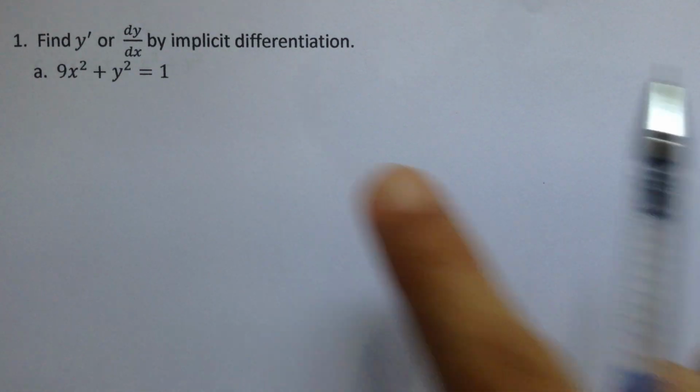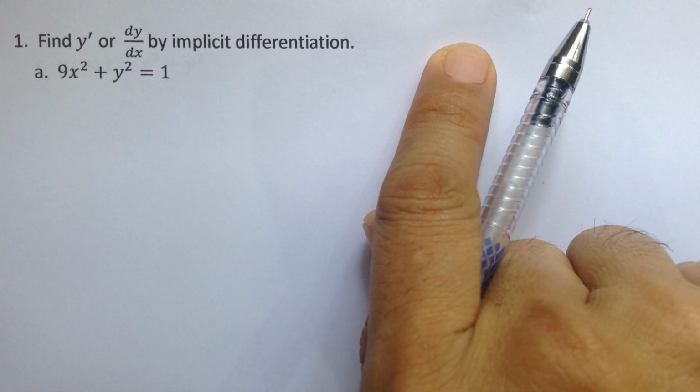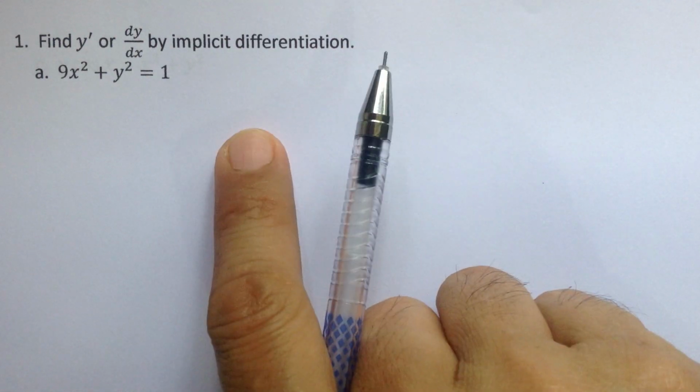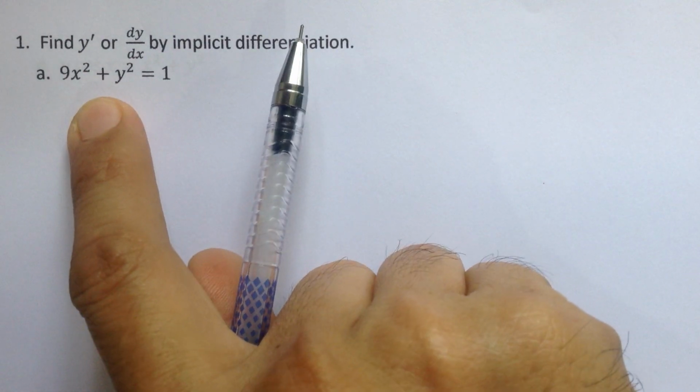The difference is when y is expressed in terms of x, that's explicit. Implicit is when y is not expressed in terms of x, just like this example.